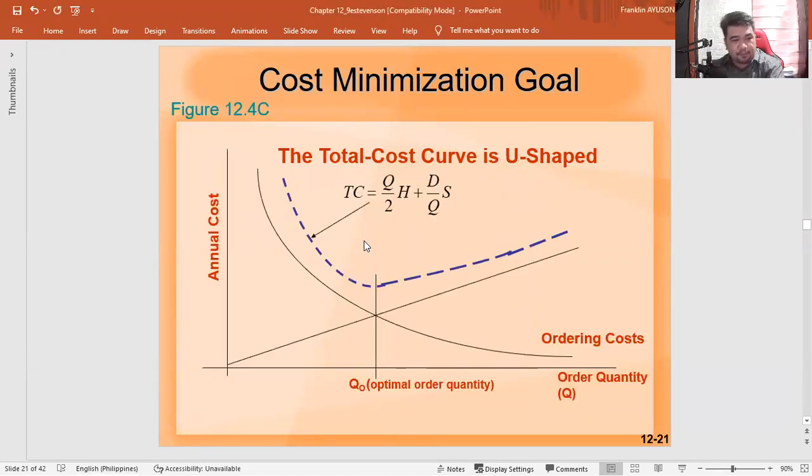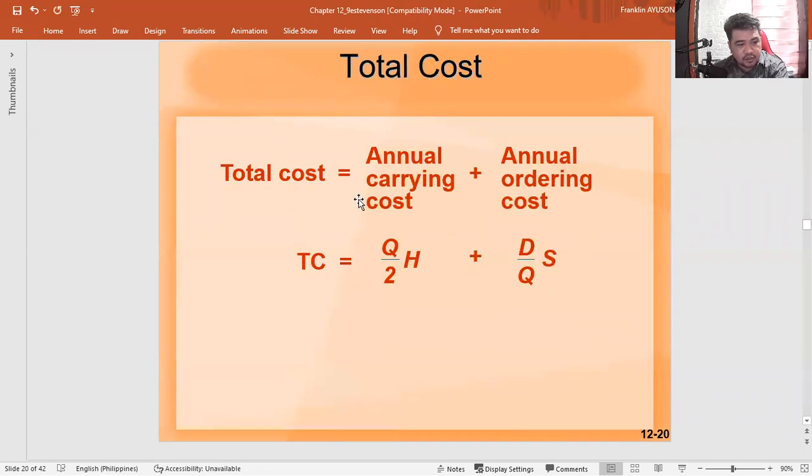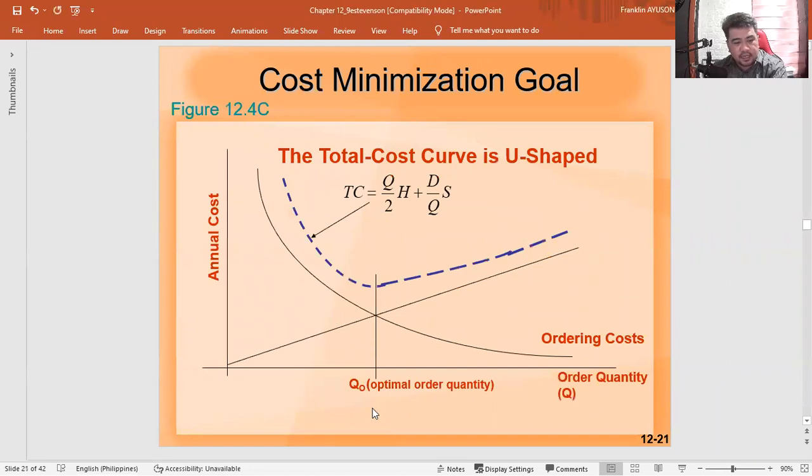And so with that concept, the total cost curve is assumed to have a U shape, in which annual carrying cost and ordering cost are now determined, and our ordering cost is a curve, kasi may learning curve pa rin tayo doon, and we want to determine it versus our order quantity. Ayan, itong point na to. Ayan, sa gitna, yung ating optimal order quantity.